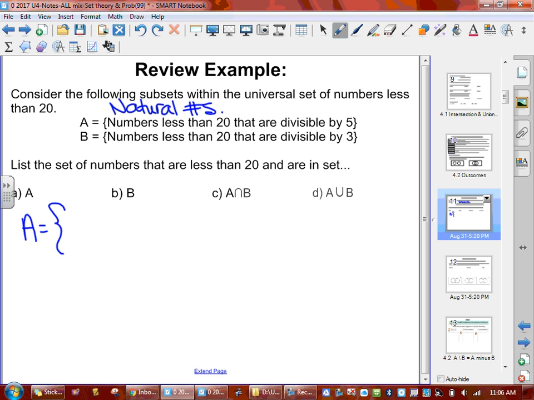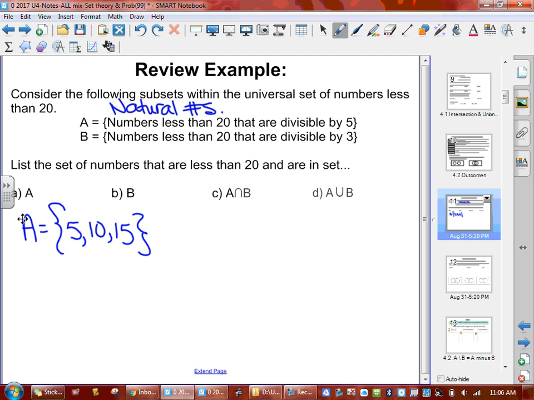So if I'm dealing with natural numbers, set A says numbers divisible by 5. So what does that mean? Numbers you can divide by 5, numbers where you're going to count by 5. They're multiples of 5. So, starting with 5, 10, 15. And it says less than 20, so we can't use the number 20.